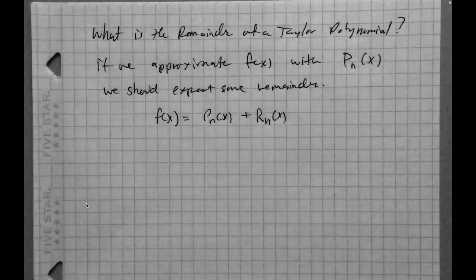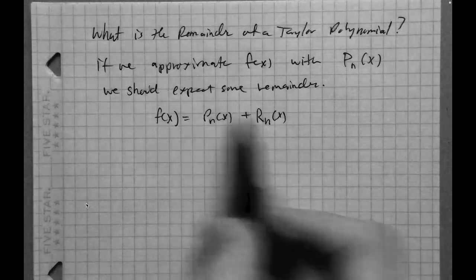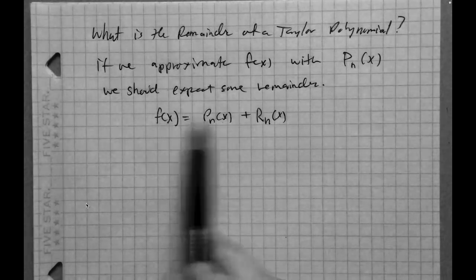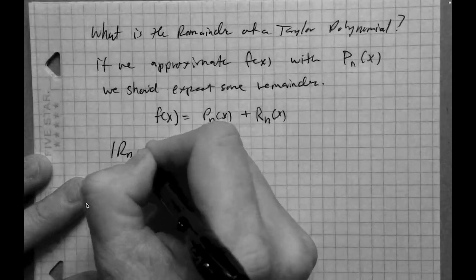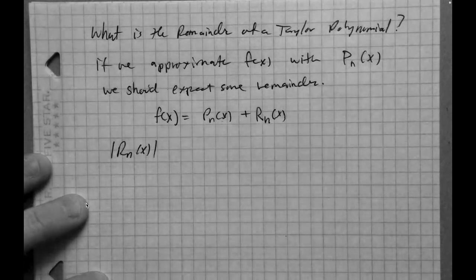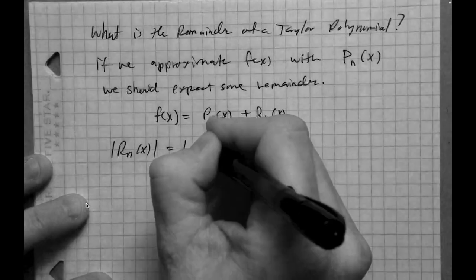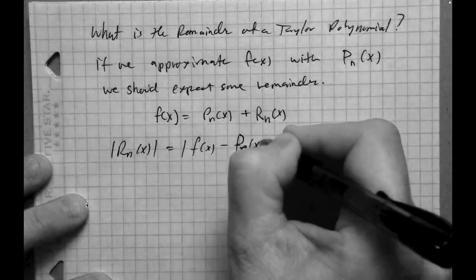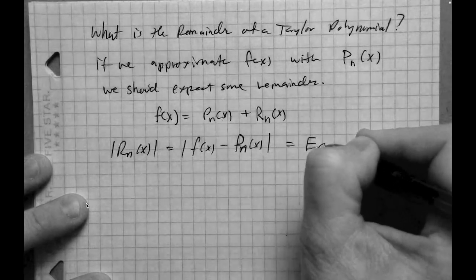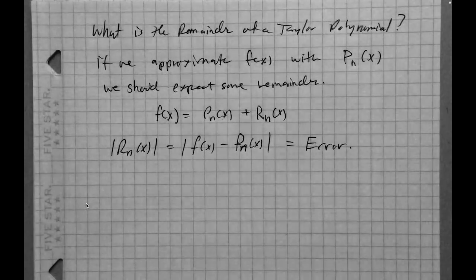Precisely, this would be exact, but p is just an approximation, so there's always going to be this error term. To be a little more precise, we say that the absolute value of r sub n is equal to the absolute value of f minus p sub n. And we call this the error, the error associated with the approximation.